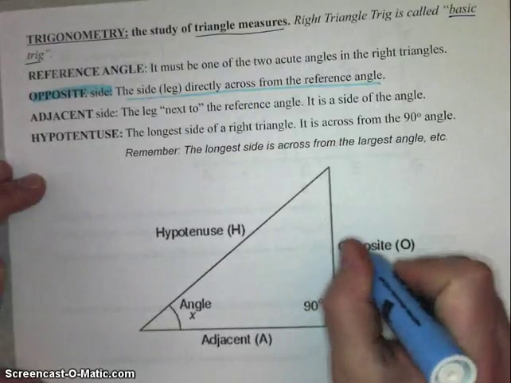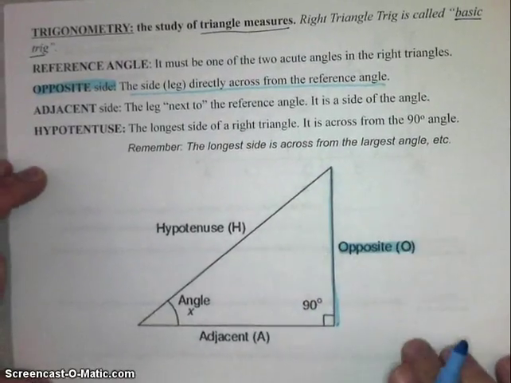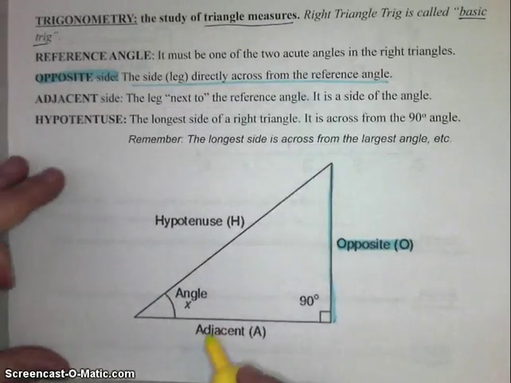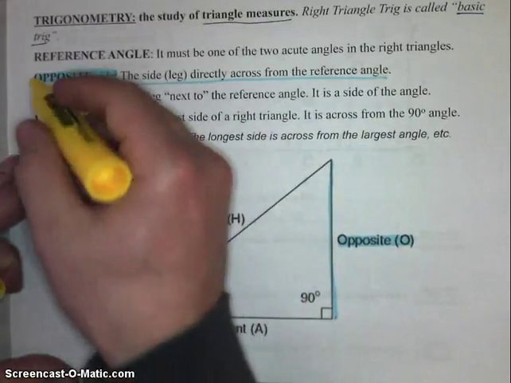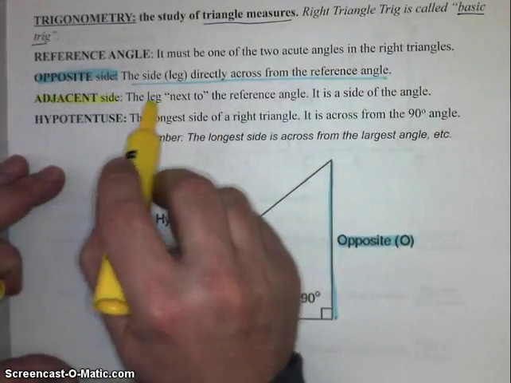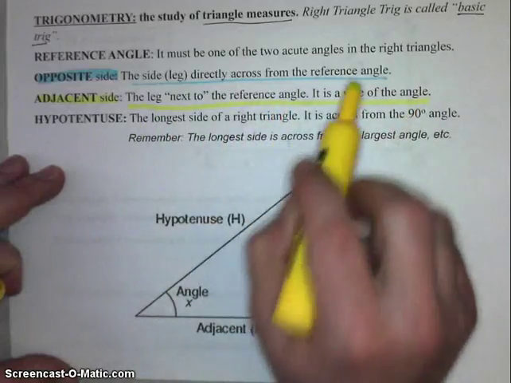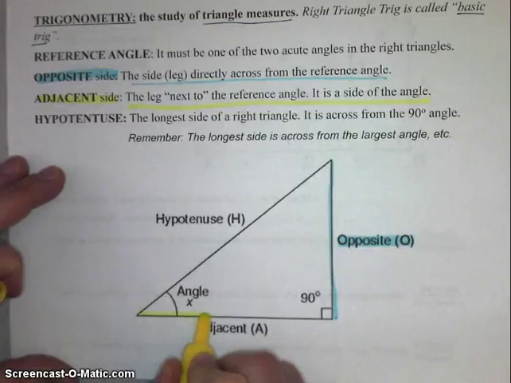So this would be our opposite leg, or opposite side. The adjacent side is the leg next to the reference angle, and it's a side of that angle. So this would be our adjacent leg.